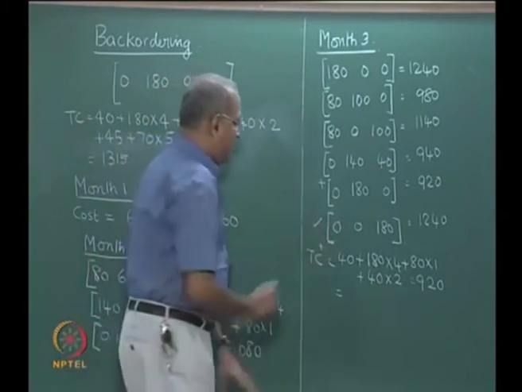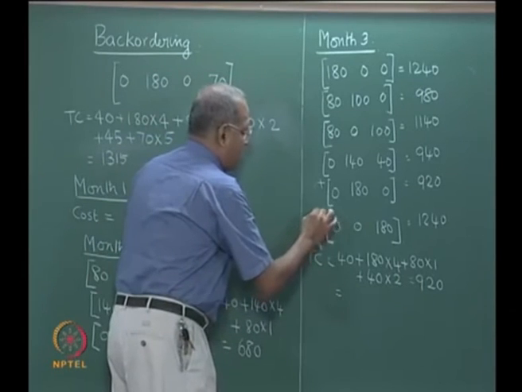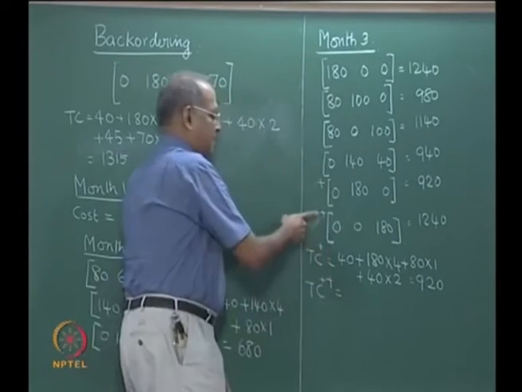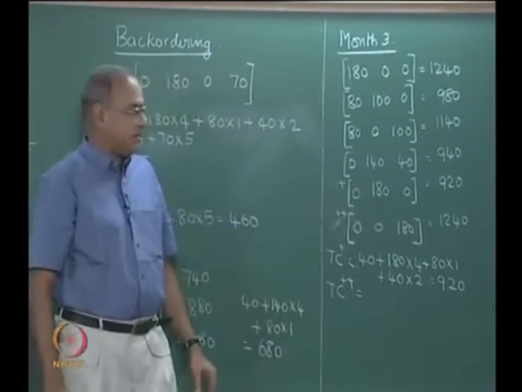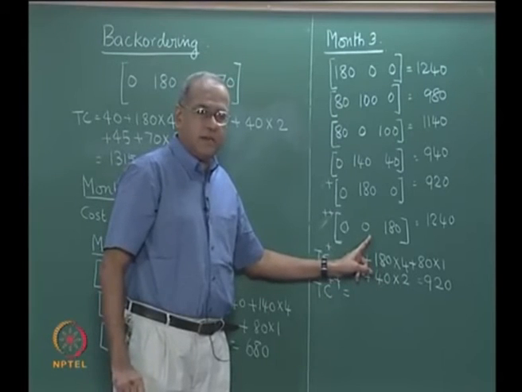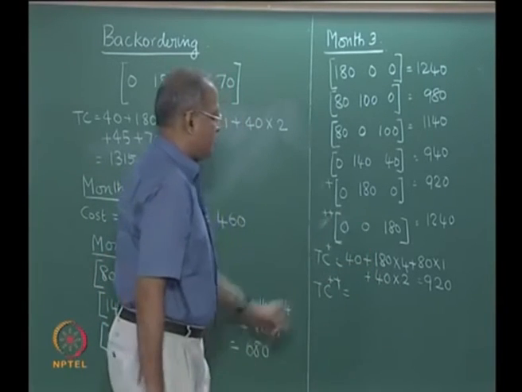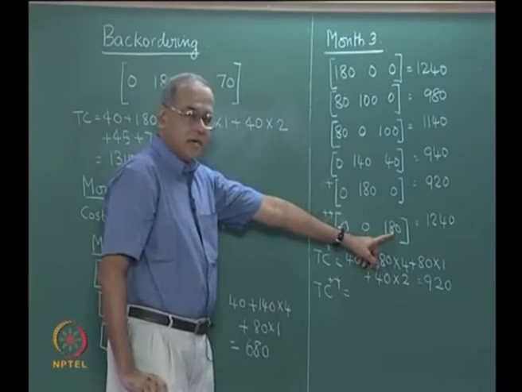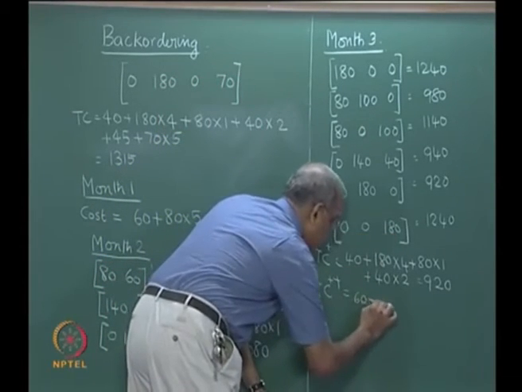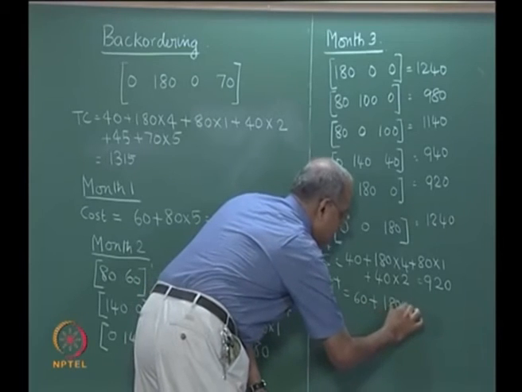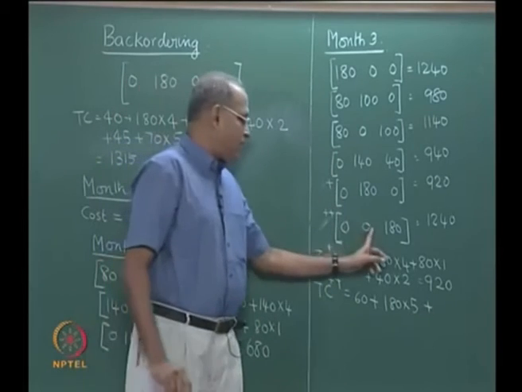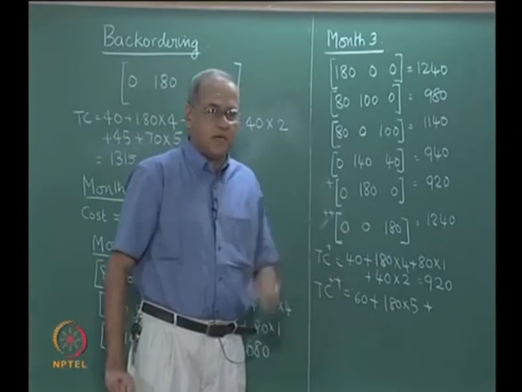Now let us show the computation for this one. Let me illustrate this with 2 pluses just to show that we are looking at this computation. Here, as I mentioned earlier, there is no inventory, but there is back ordering. So the production is done in the third period by incurring a setup cost of 60 plus production cost of 180 into 5 plus the demand for both the periods are back ordered.